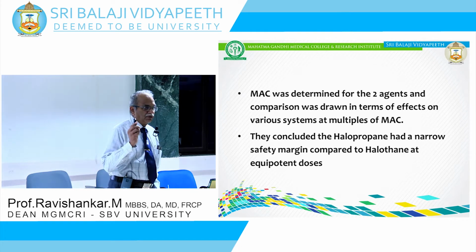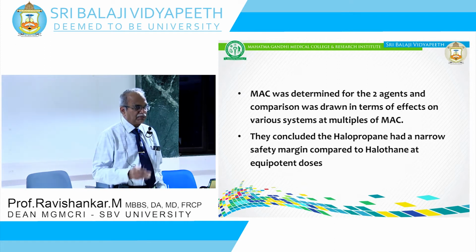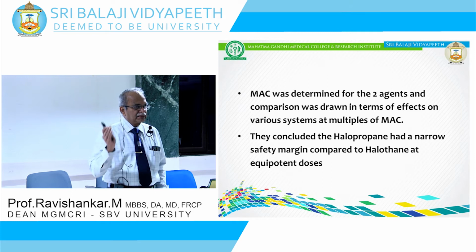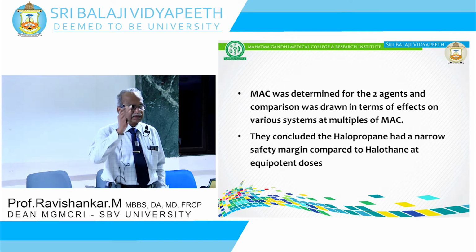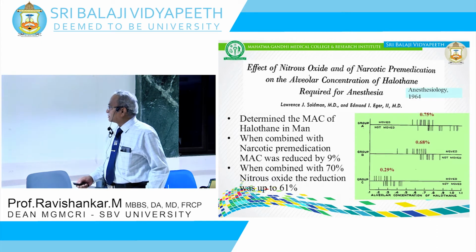So they established the equipotency of the agents, reached that mark for both, and then compared the effect on the dog. That is how this concept came in to start with.